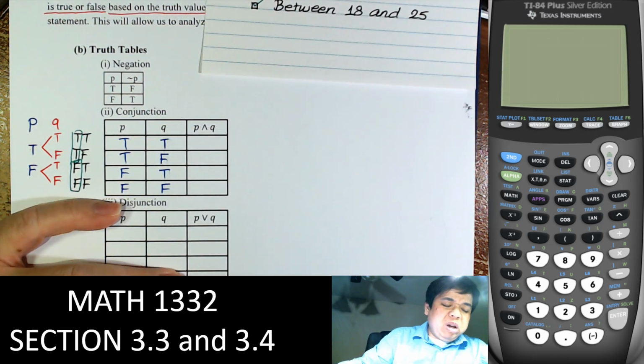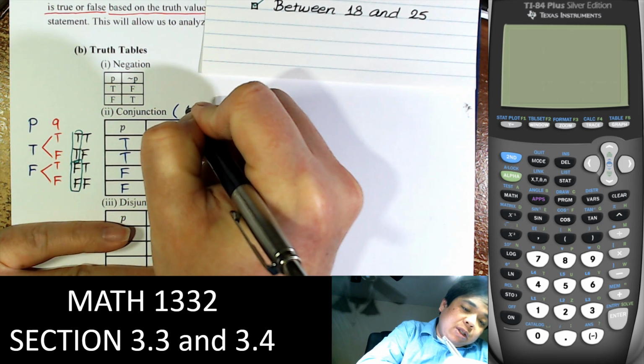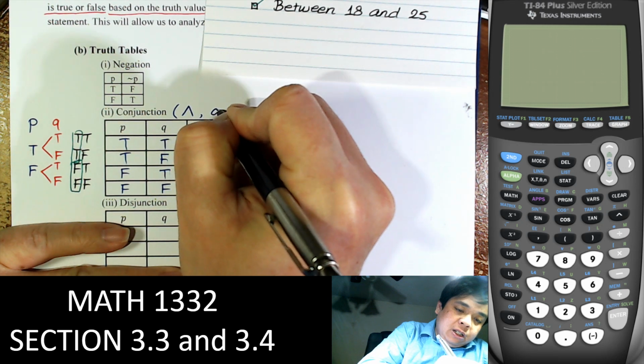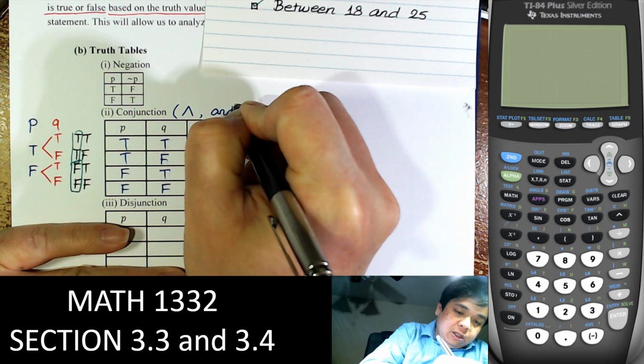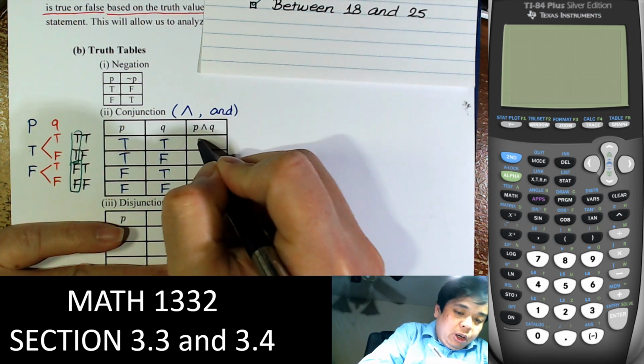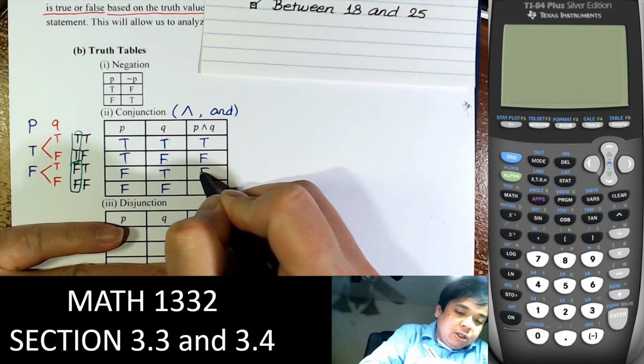Now let's be clear here. Conjunction we mean is the upside down V, which means and. In this case, it is true when both of them are true and false everywhere else.